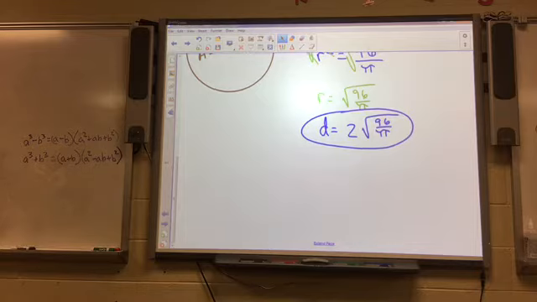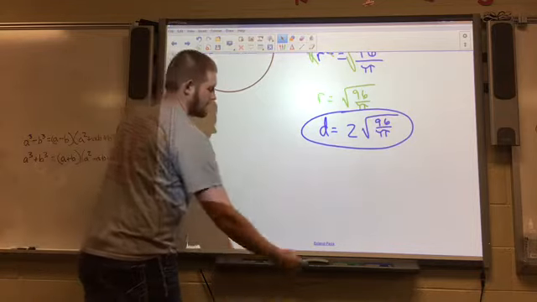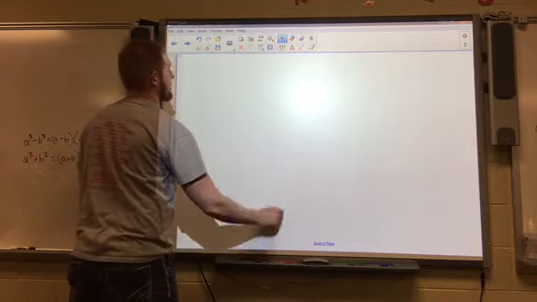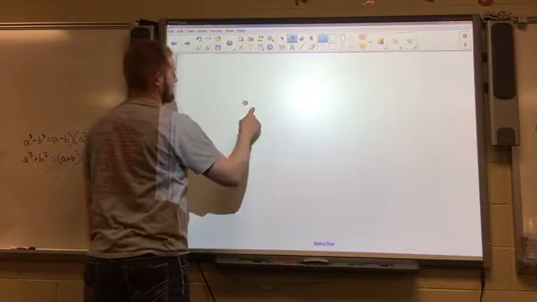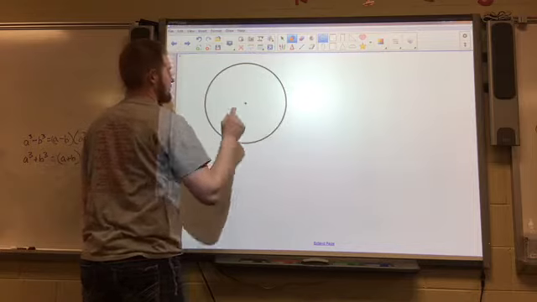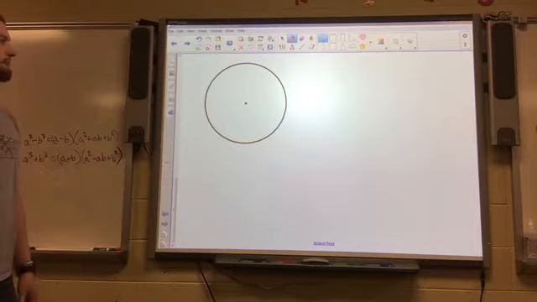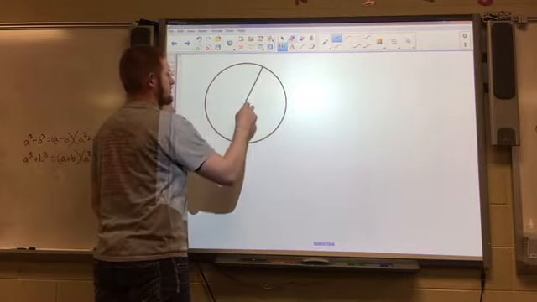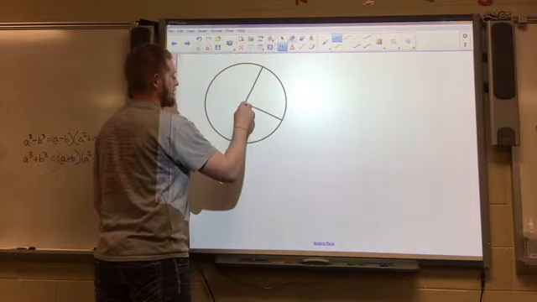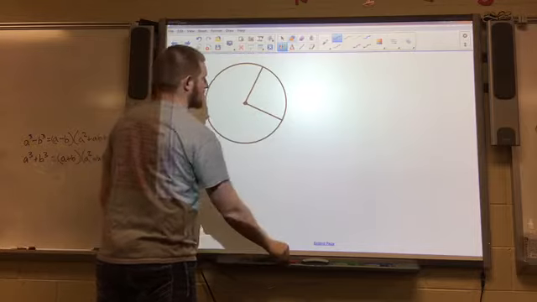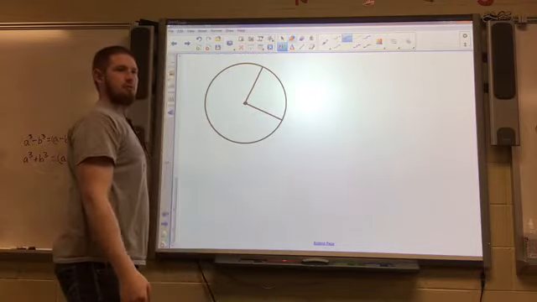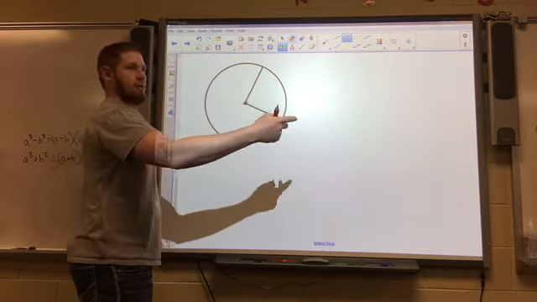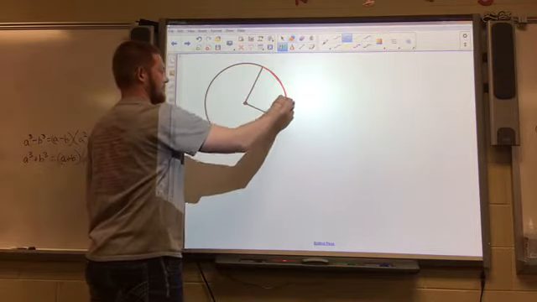The next new thing that we have, and the only real new term that you have, is a sector. We don't know what a sector is yet. So when I have a circle with a distinct arc here, previously, the day before and the day before that, we found arc length, right?